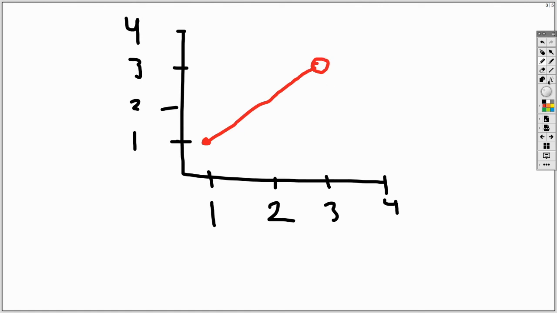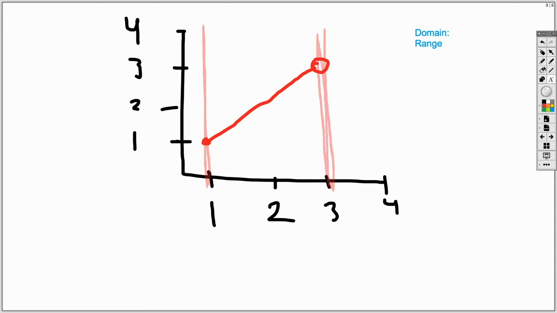But anyway, I'm going to be literally doing the same thing for domain and range. So domain, what we do is we see where it starts vertically. It starts at 1, and it ends here at 3.